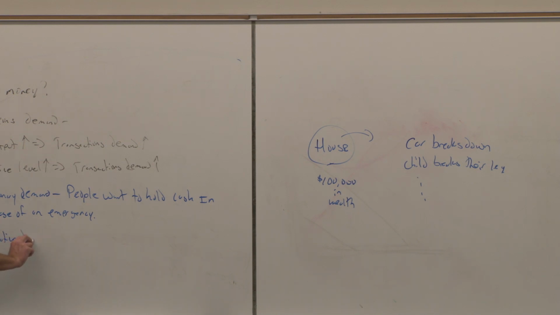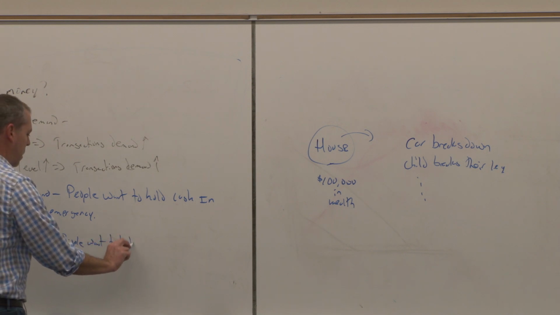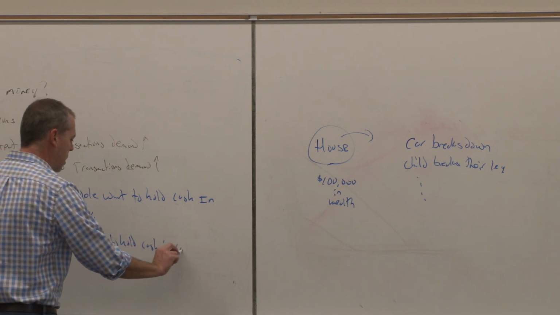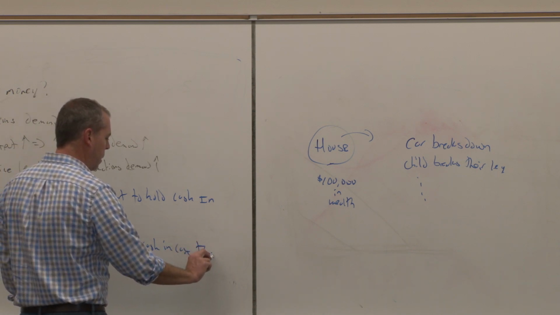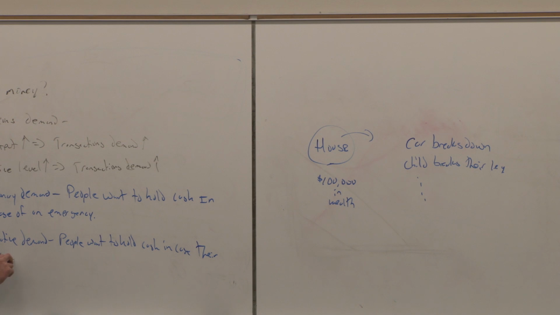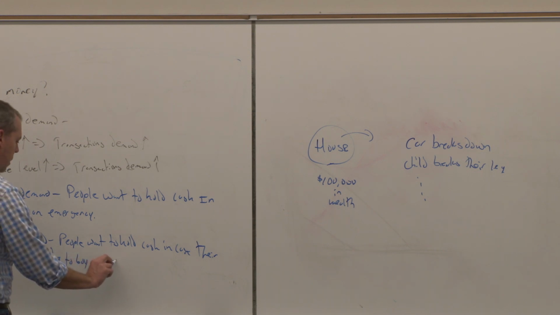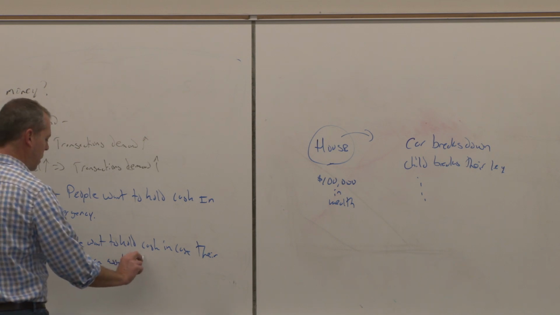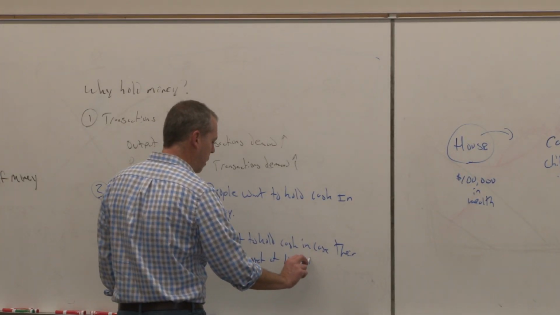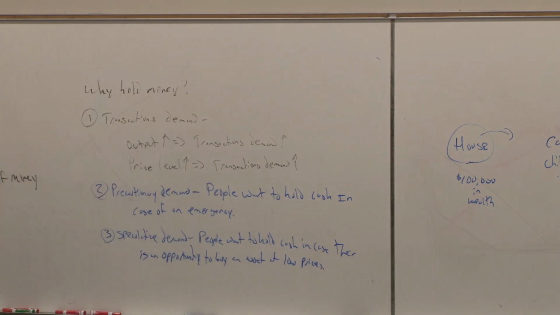Third one here is speculative demand. Right, so here with speculative demand, people want to hold cash in case there's an opportunity to buy some asset at low prices, right?